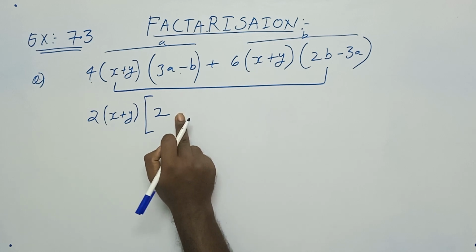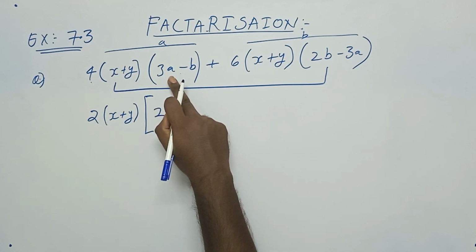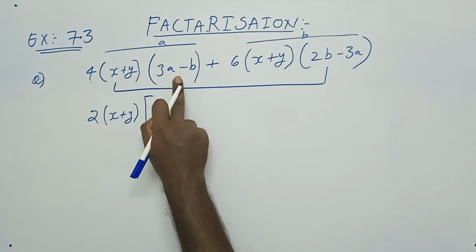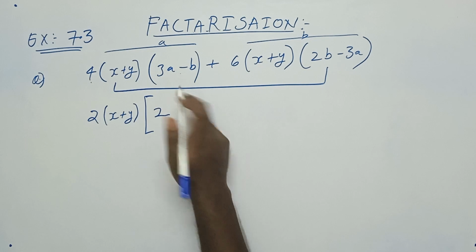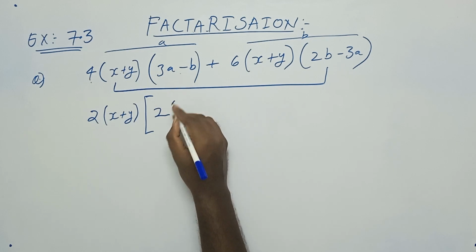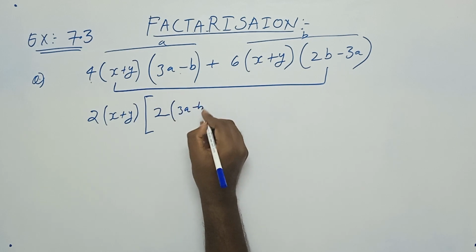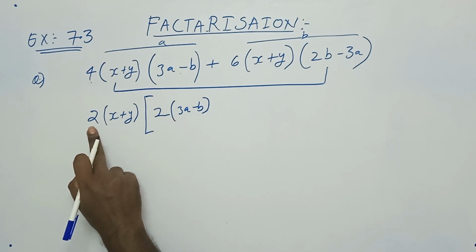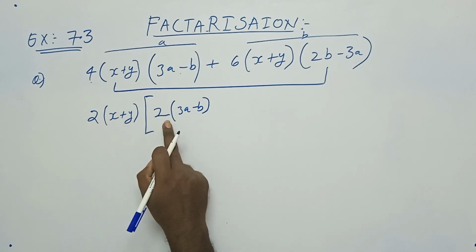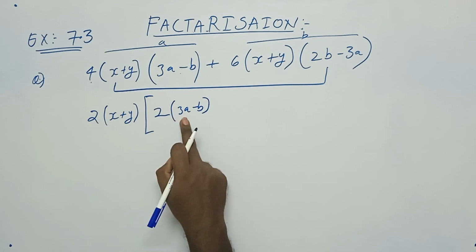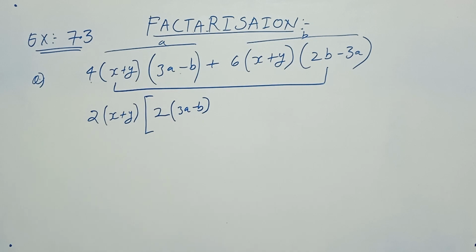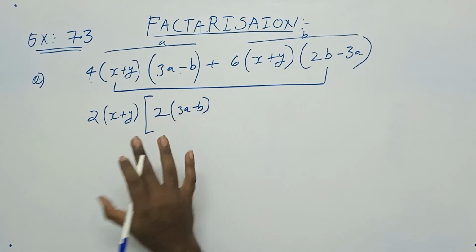Next we have 3a minus b, which is a part of this term, so we write it as it is. That means 2(x + y) into 2(3a - b) is 4(x + y)(3a - b).